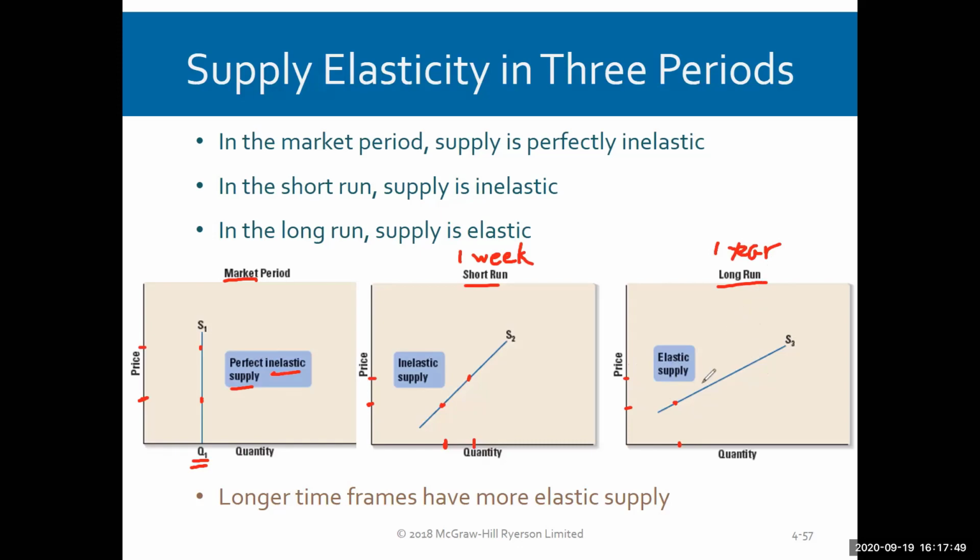So the quantity supplied could increase quite a bit more, because the time gives them the flexibility to increase their potential fishing catch. Longer time frames have more elastic supply. That's the only conclusion we wanted to make here: time is on our side and helps increase elasticity.